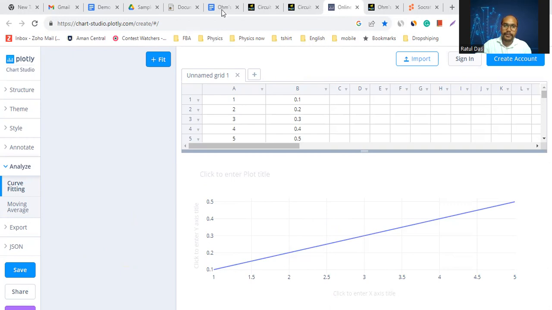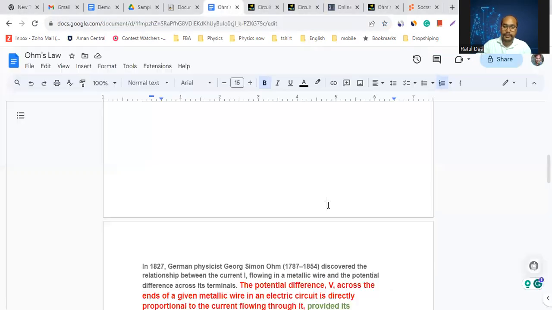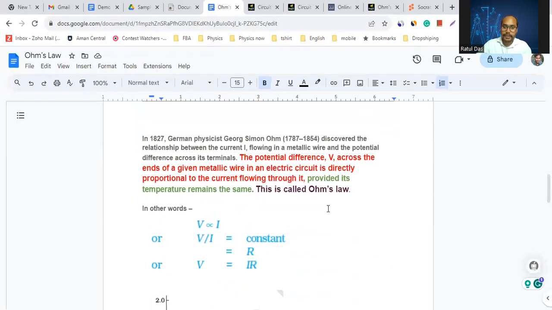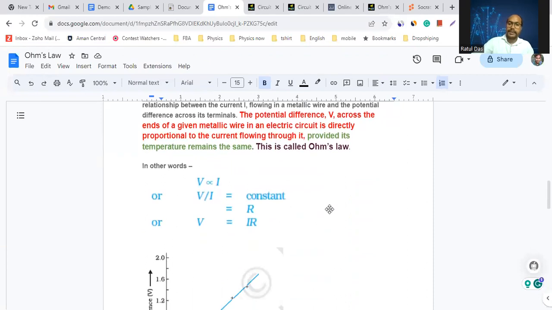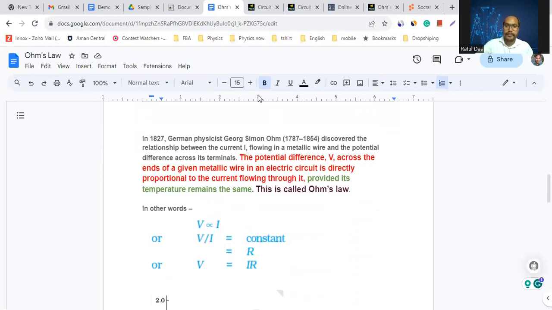Now, this was discovered by Ohm, a German physicist. His name is Georg Simon Ohm.